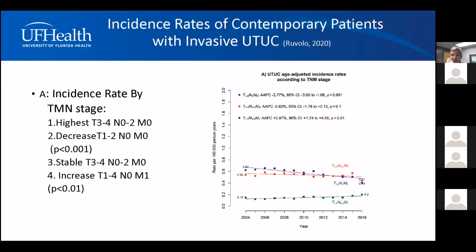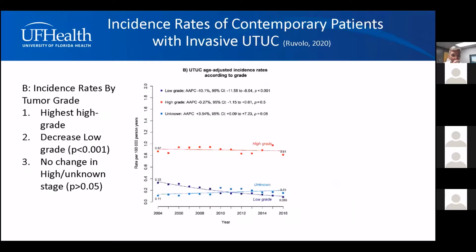Well, thank you for making that point, because that's really the essence of why I like this data here, because it's really pointing to the need for systemic therapy, neoadjuvant, adjuvant therapy. The incidence rates by grade, the highest is high grade, and there's a decrease in low grade, but there's no change in the high grade stage again.